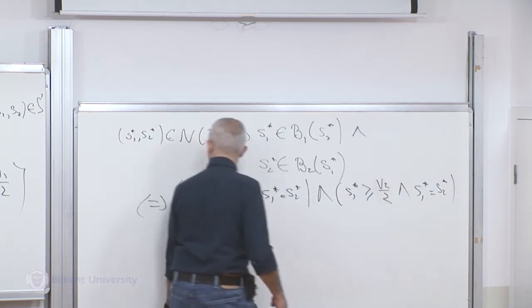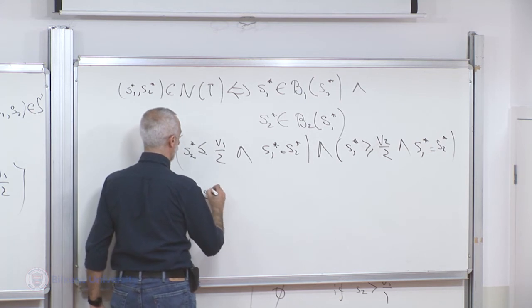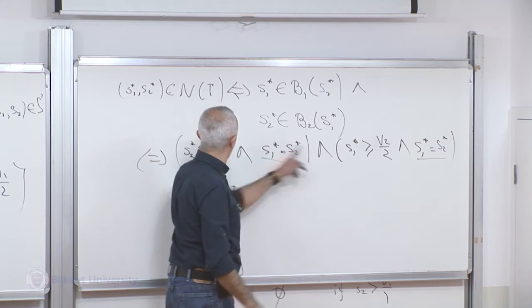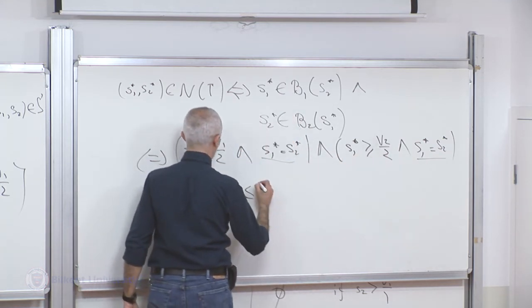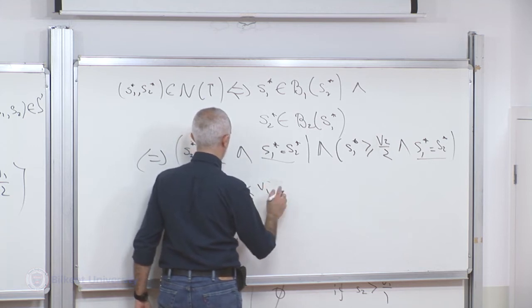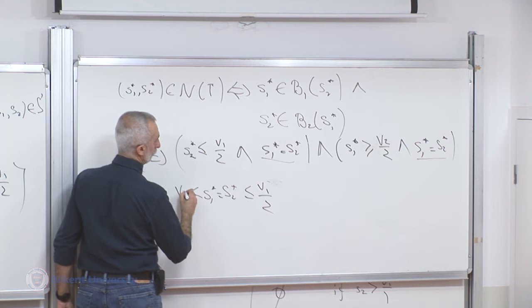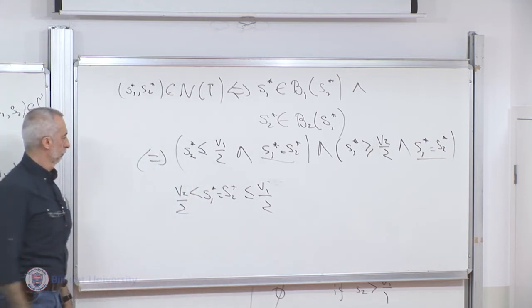So those together imply S1 star equal to S2 star. That's common. And then they're all connected with an "and".